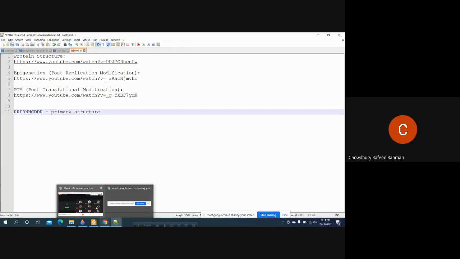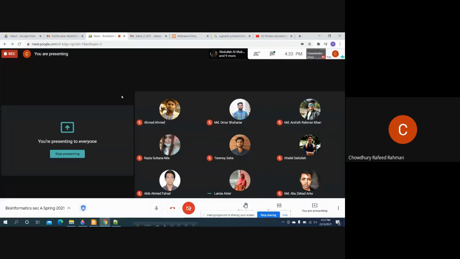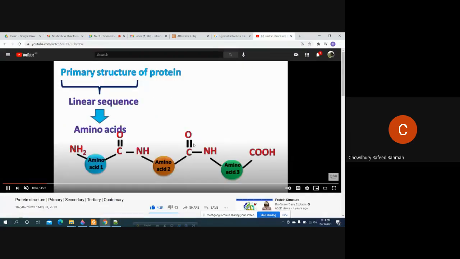Okay. Now these amino acids do not float in the cell plasma. They are attached to one another using peptide bonds. So let us see how the peptide bonds look here. Yes, so these are peptide bonds.